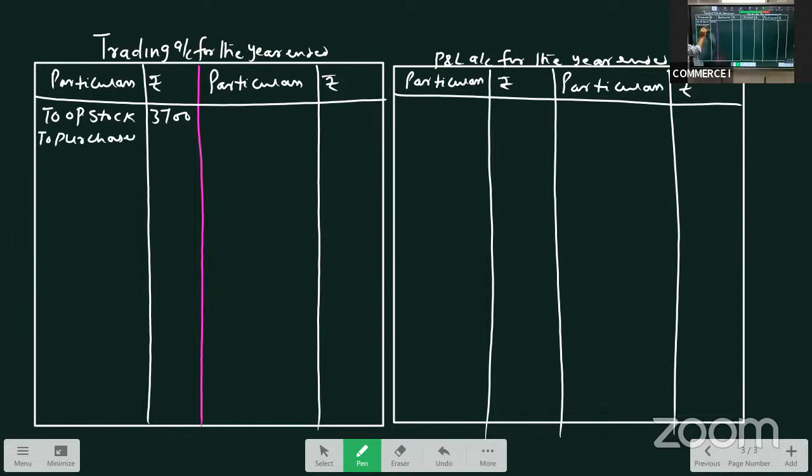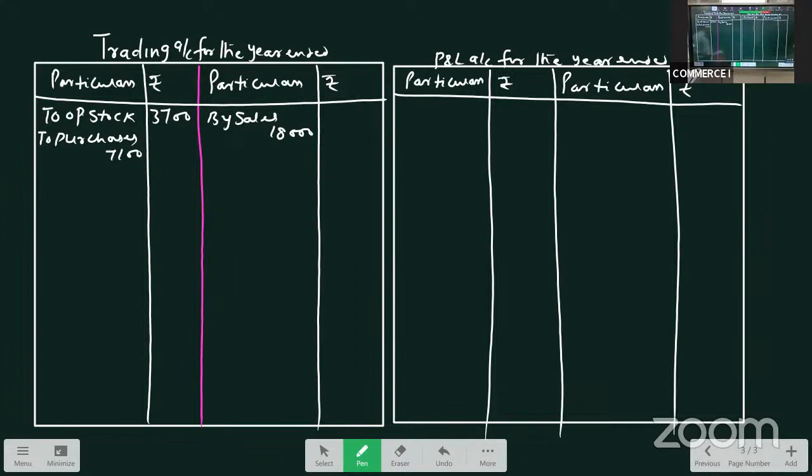Purchases, trading debit side. Amount I am writing in the inner column because we may have purchase returns. Then sales, trading, credit side. Again, this amount I am writing in the inner column. We may have sales return. If so, we have to deduct from sales.